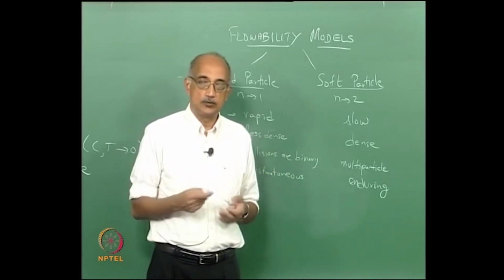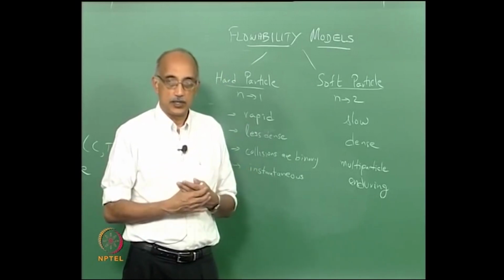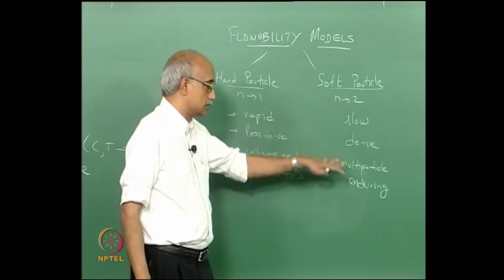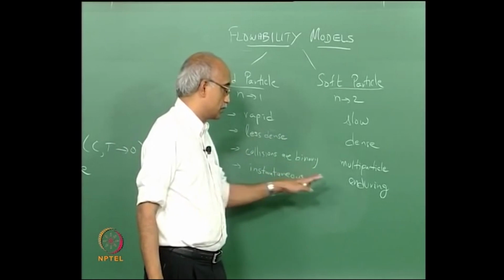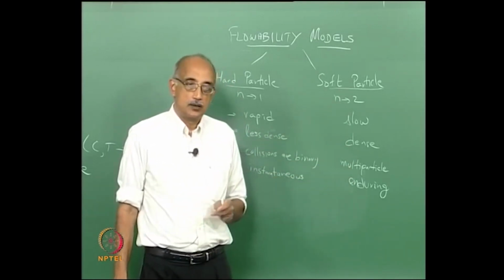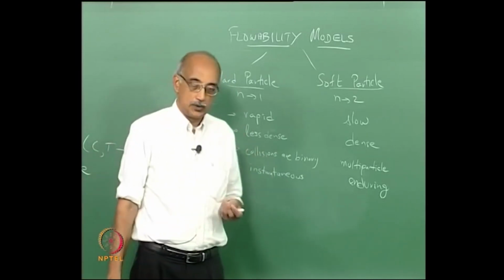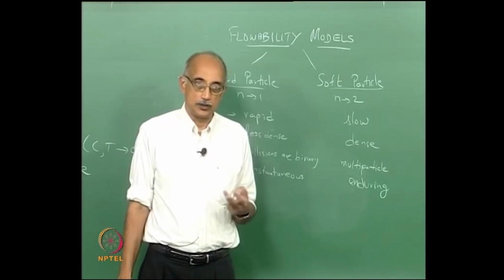In a highly cohesive flow, any particles that come into contact tend to stay in contact, right. So, because of all these reasons, the cohesive flow, which is represented by the soft particle model, will be completely different from the non-cohesive flow, which is represented by the hard particle model.